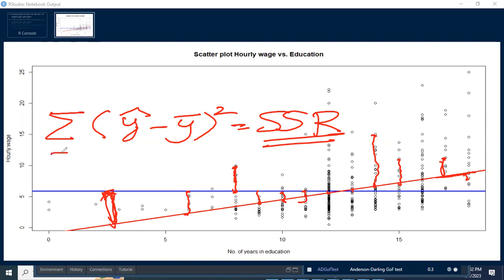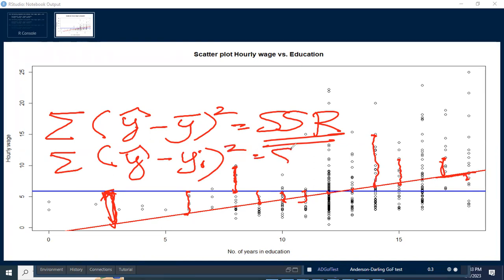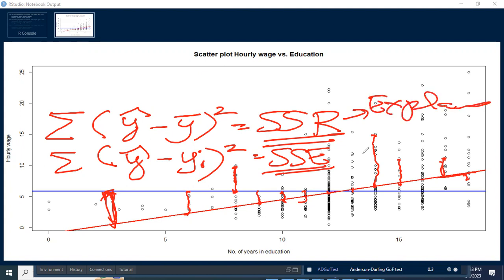So what we do is we get the difference ng predicted value natin minus the actual value, squared natin yan, that's your SSE. Yan yung residuals natin. Yan ang hindi na kaya ng model natin. Okay? So this is your explained variance. This is your unexplained variance.